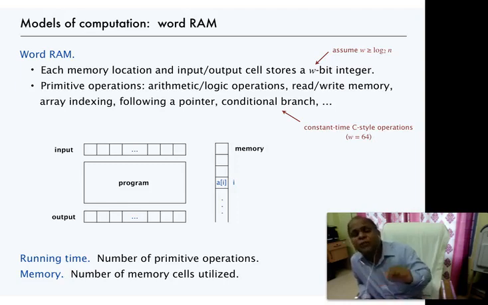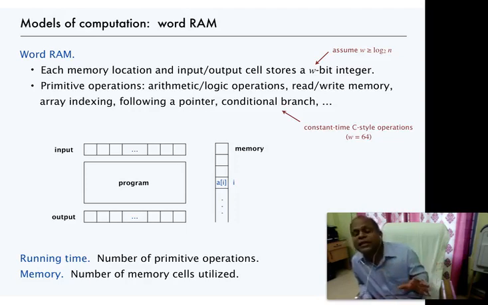All these primitive operations are assumed to take 1 unit of time. Hence, the number of primitive operations your algorithm follows to solve the problem, taking input and providing output, is nothing but the time.